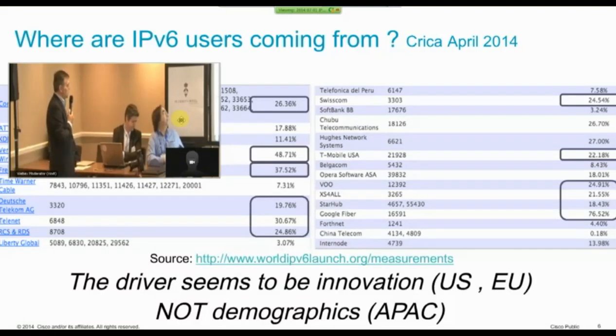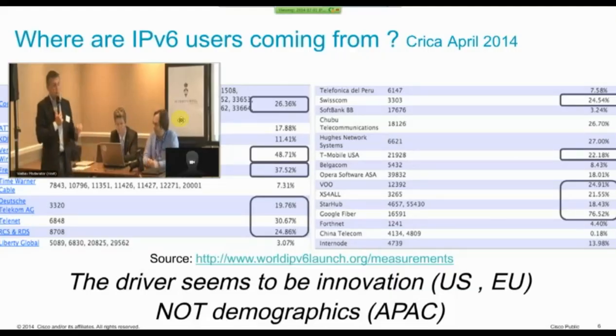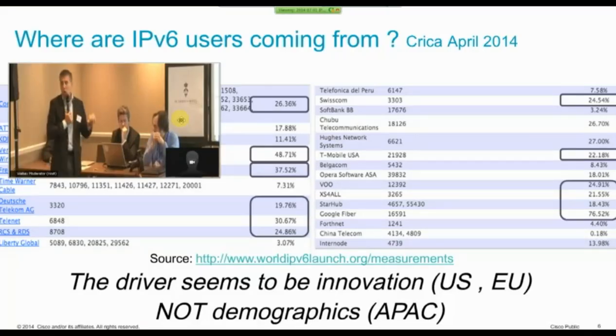And what is really interesting is that the service providers that have decided to do it by default, that means without the users asking for it, right? The user gets the service. Verizon Wireless is about 50% of their users on IPv6 today. Comcast, 26%. Free Telecom in France, 37%. Deutsche Telekom in Germany, 20%.